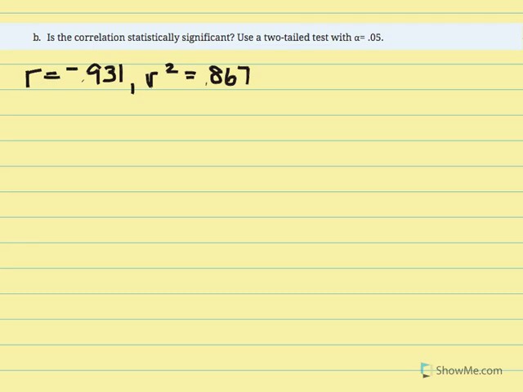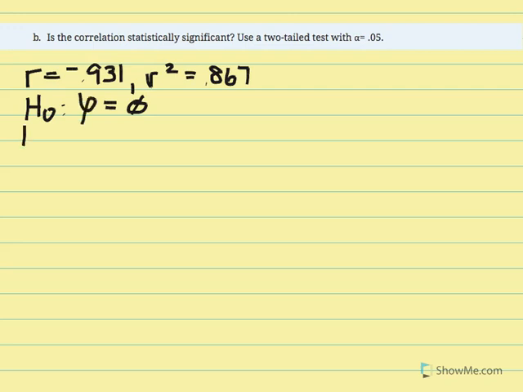We're looking at very strong negative correlation, but we cannot draw that conclusion until we put this statistic to the test. So we're going to conduct a t-test, and our null hypothesis says our Greek letter rho, which is representative of the population correlation, is equal to 0, that we see no relationship between these two variables in the population.